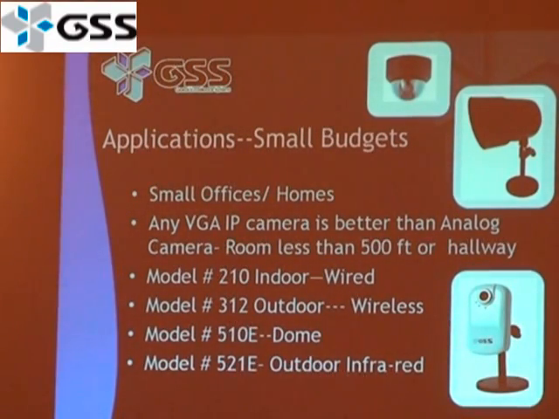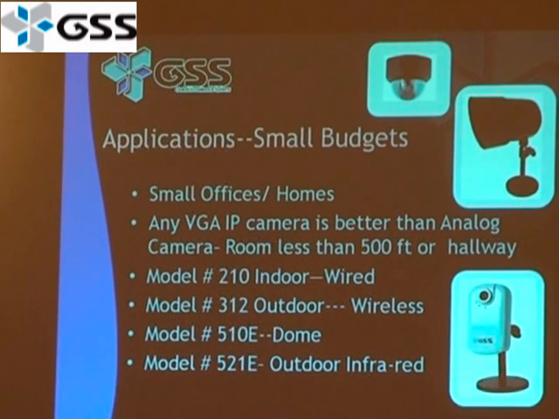We are talking about the small budget. A lot of time we have small offices, and most people approach them with a Costco solution. But we can approach them with our own solution. Okay, for example, there's a VGA type of dome, and GeoVision is going to announce the VGA cameras pretty soon. This is all VGA.